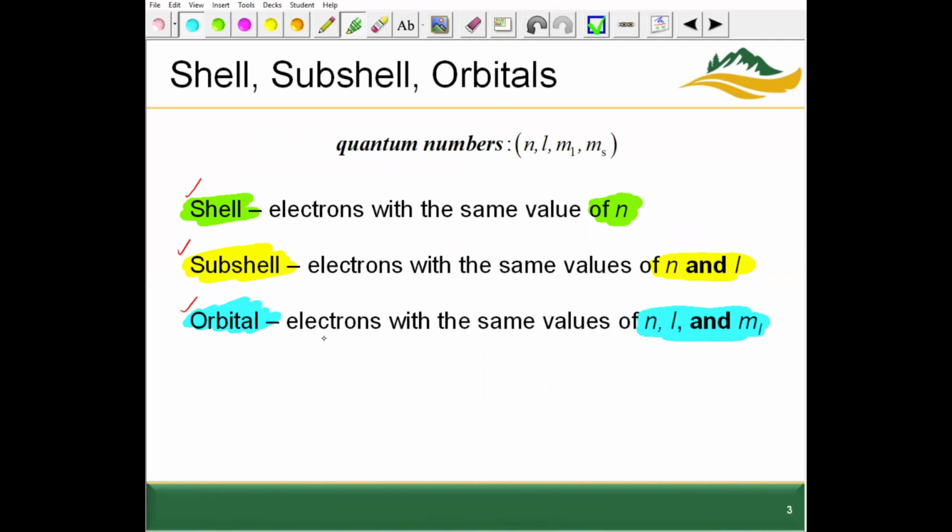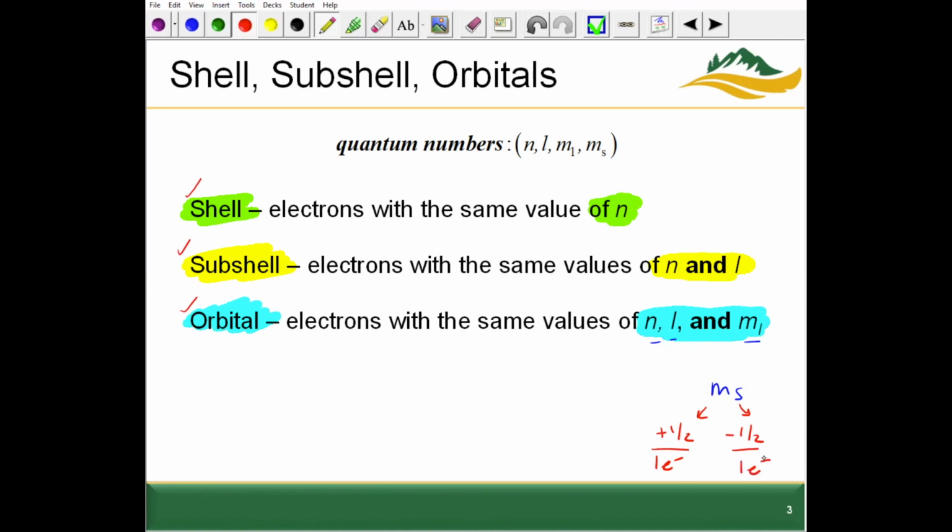Electrons can have the same n, l, and m sub l, but they cannot all have the same n, l, m sub l, and m sub s. For m sub s, we have spin up, or plus 1/2, and spin down, or minus 1/2, as our other option. Each describes one electron only.